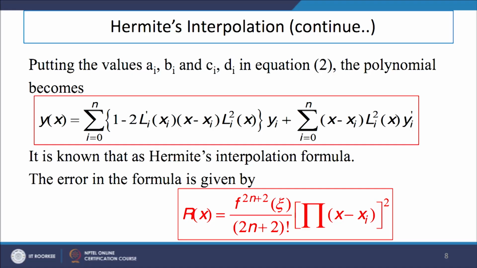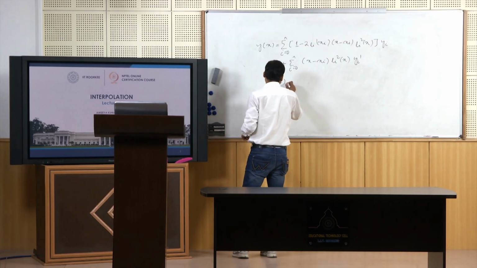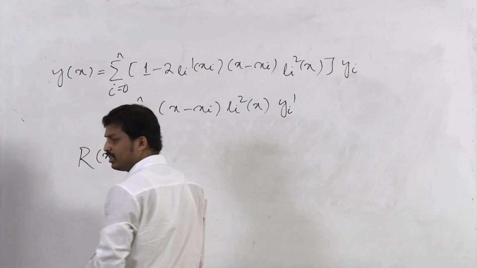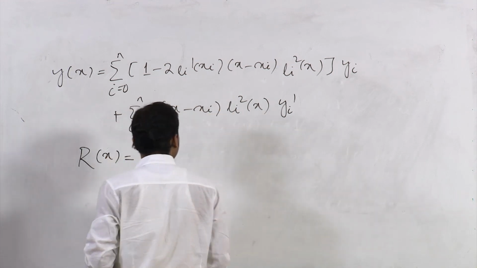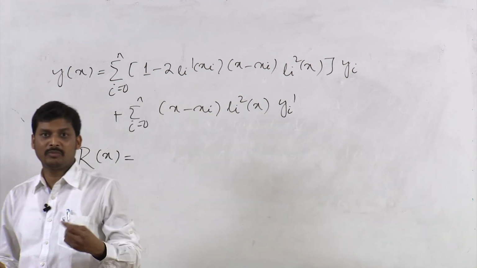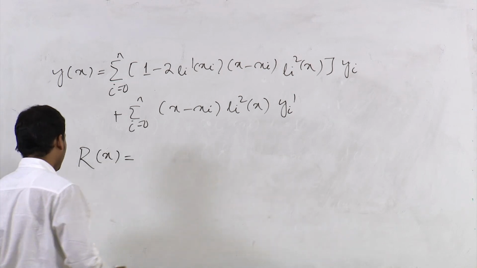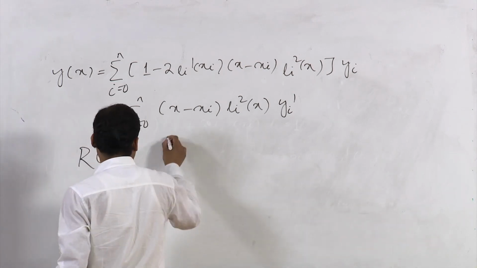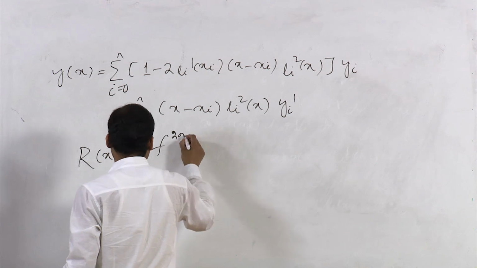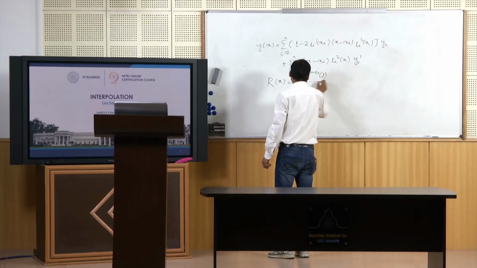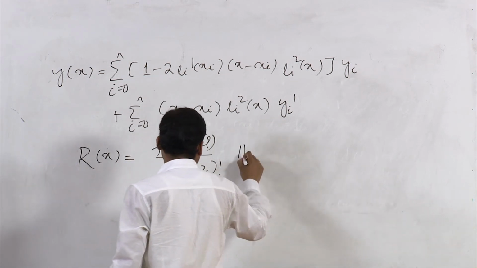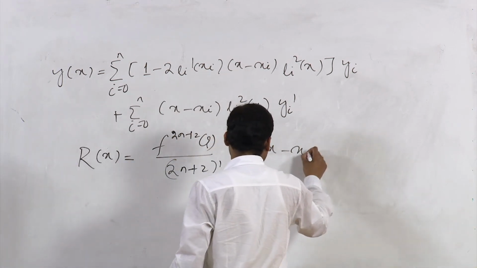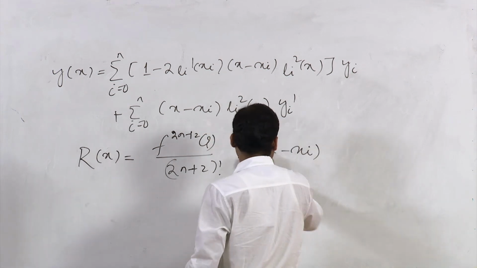And if we want to find this error terms here, the error terms can be written in the order of 2n plus 1 here, that as, since this polynomial is involved here, the degree of 2n plus 1 here, the error term will be just represented as f to the power 2n plus 2 zeta by 2n plus 2 factorial into product of x minus xi square here.